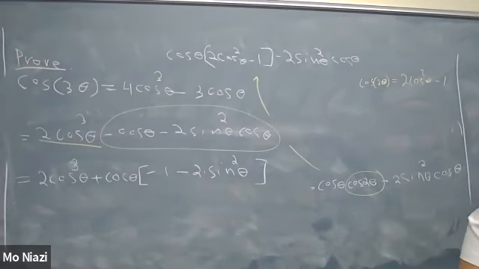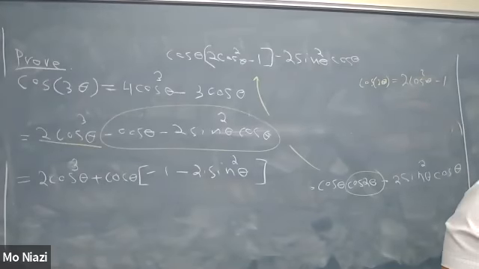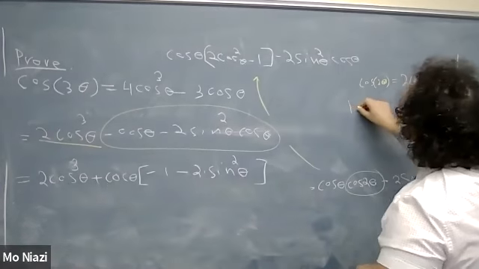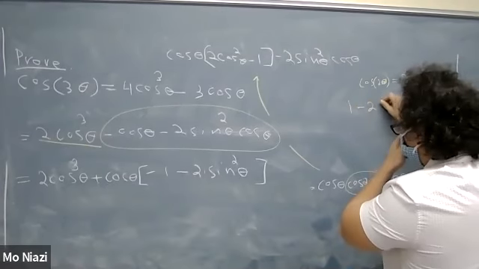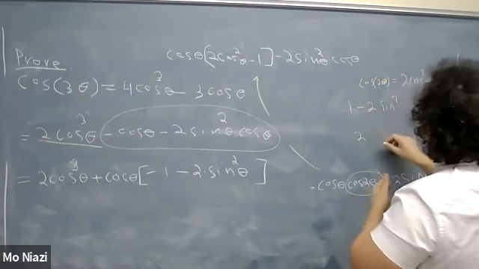Which one of the identities does that look like? One minus 2 sine squared theta, or alpha, equals cosine 2. Say it again. You said 1 minus 2 sine squared alpha equals cosine 2 alpha.